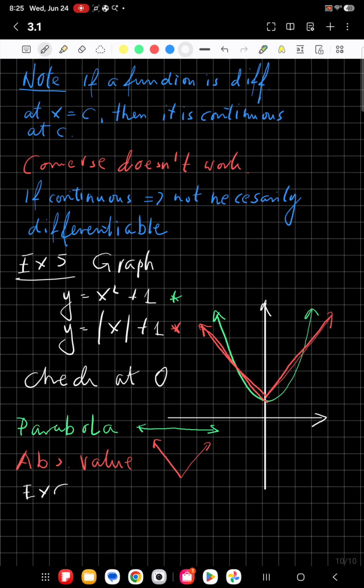Given a graph of a function, graph the derivative.